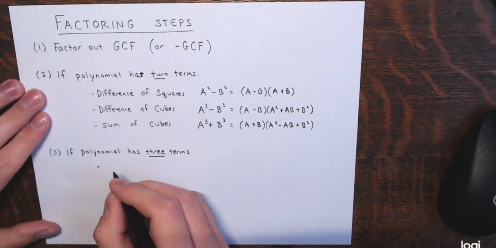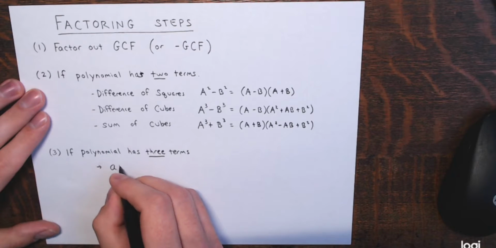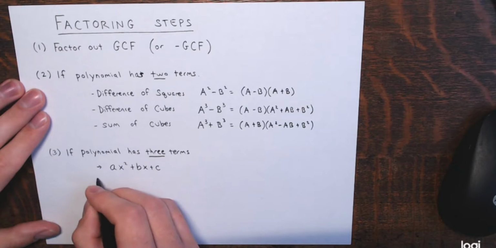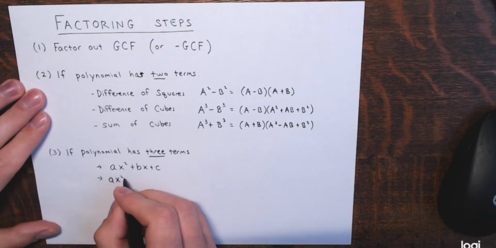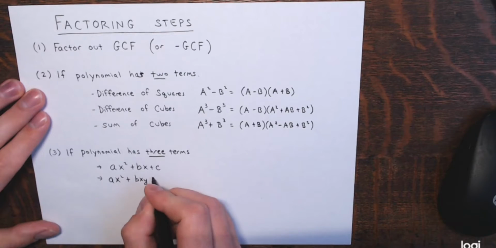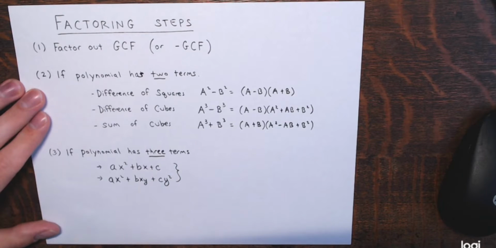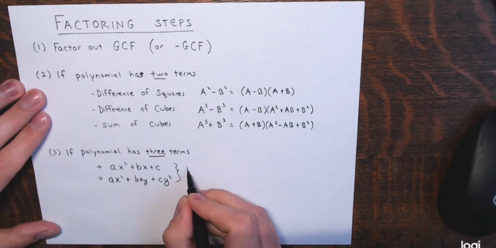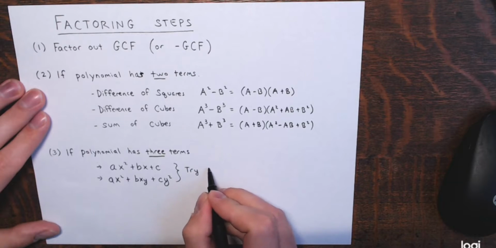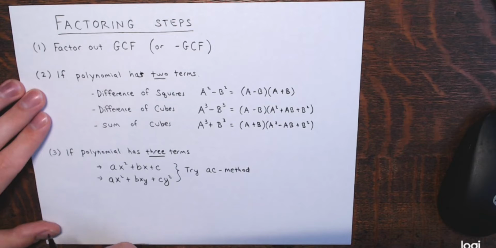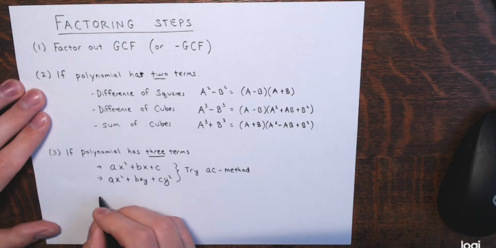Is it of the form ax squared plus bx plus c, or ax squared plus bxy, with a quadratic with two variables plus cy squared? If it was in one of those two forms, then you can try the AC method. Right, this is again something I'm going to just write up here and assume you remember what that means. Or you could try factoring by trial and error. Or it could be a perfect square trinomial.